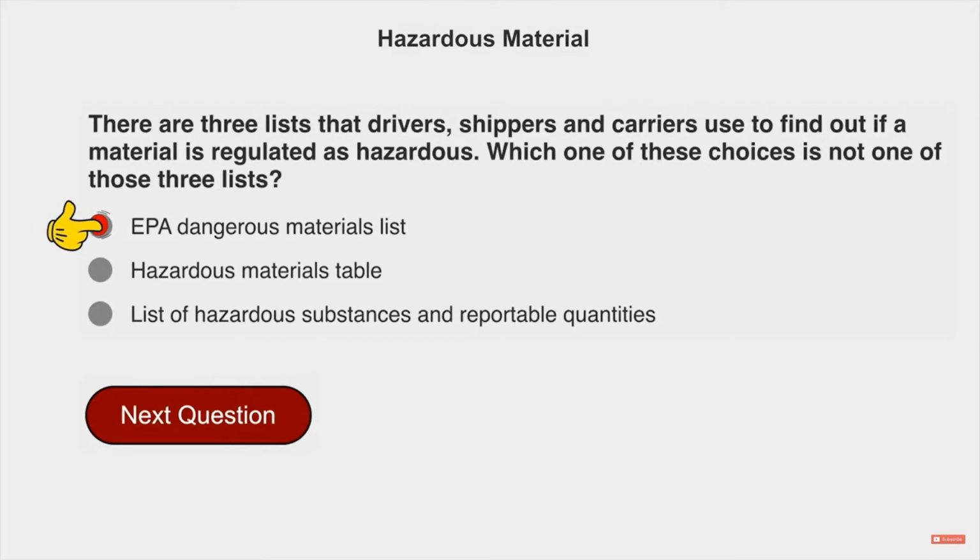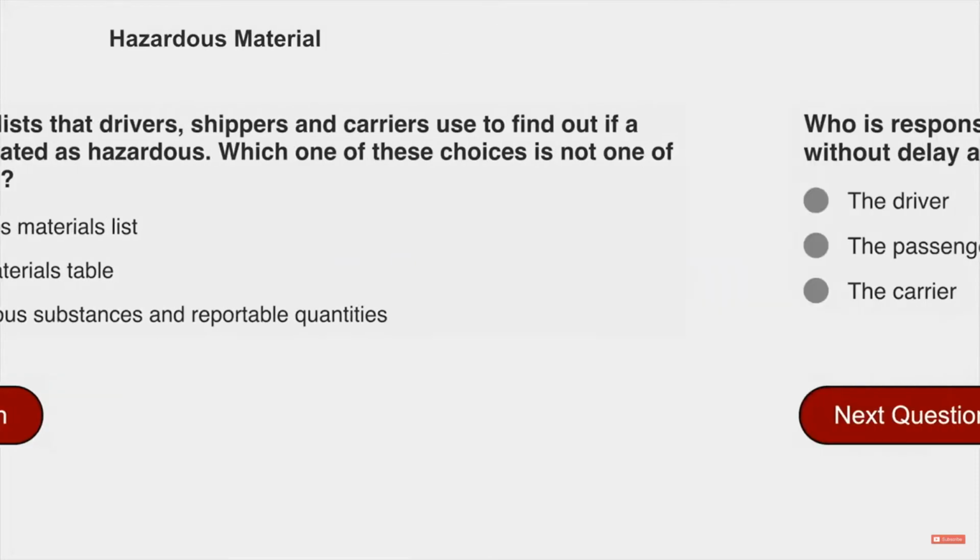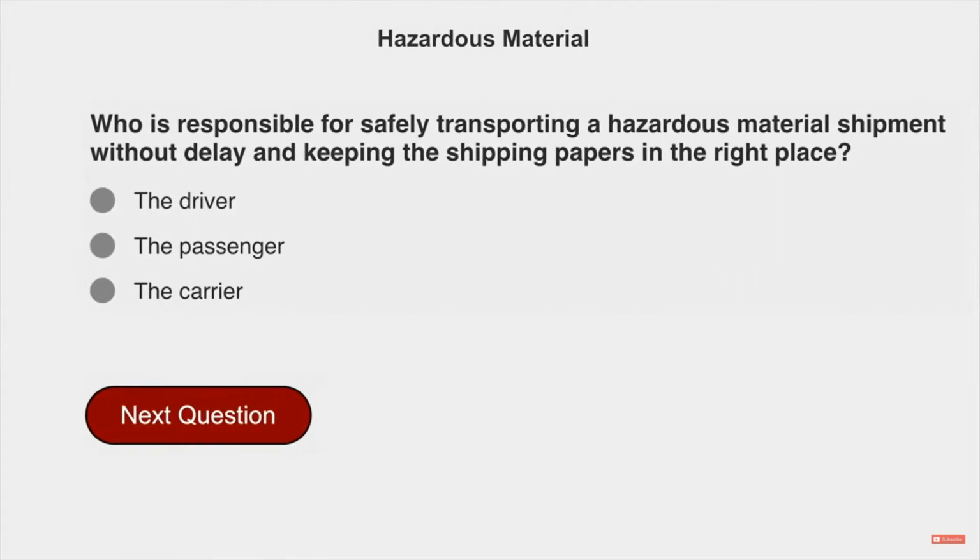EPA Dangerous Materials List. Who is responsible for safely transporting a hazardous material shipment without delay and keeping the shipping papers in the right place? The driver.